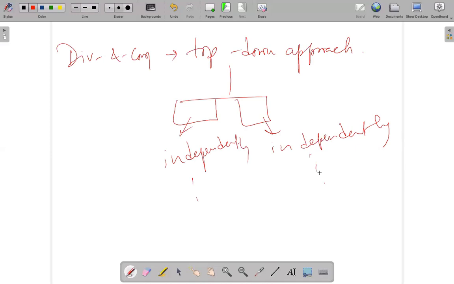Now recall the Fibonacci example that I gave you in one of the very first set of lectures. If you try to apply this divide and conquer approach to the Fibonacci number computation, we have seen that the recursion tree actually has many nodes where the same item is recomputed.